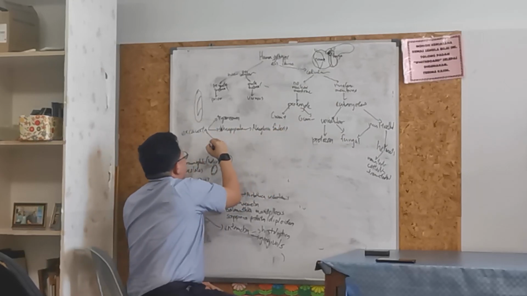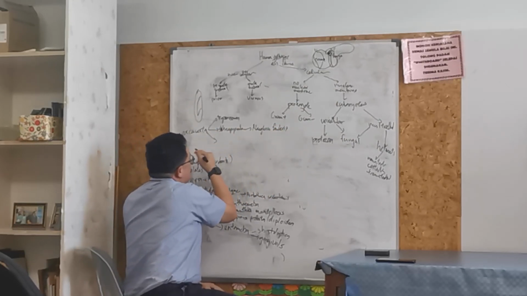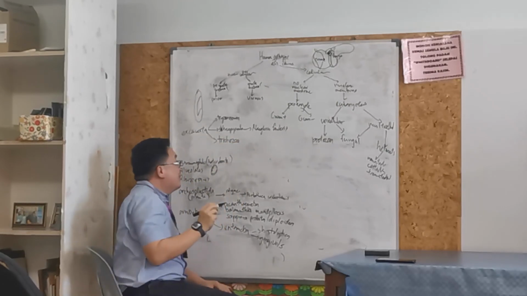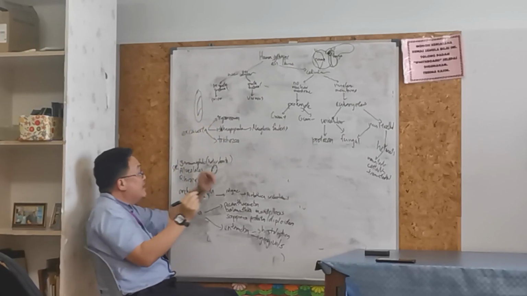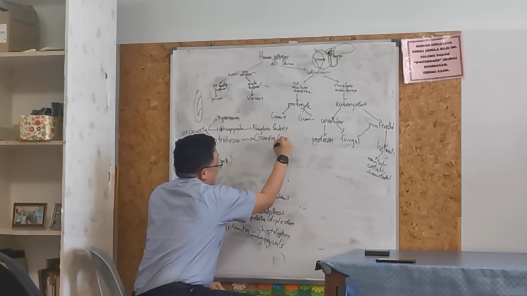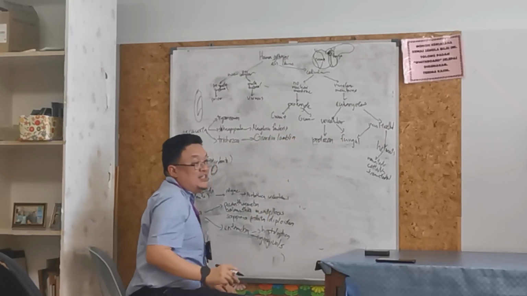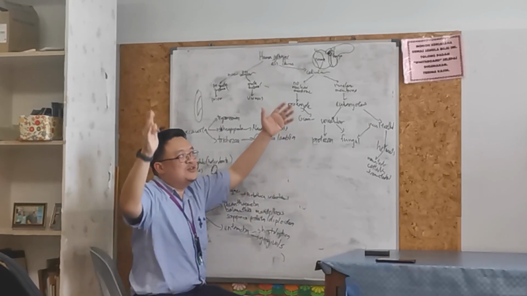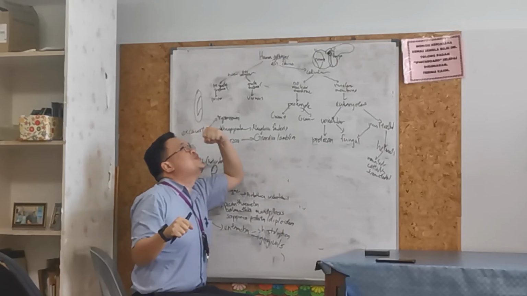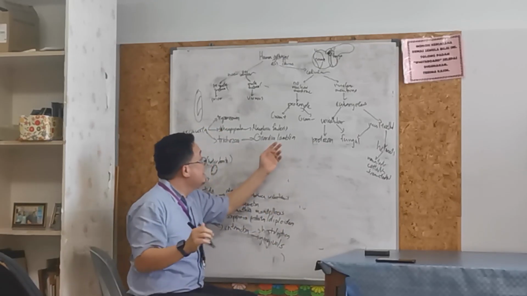Then you have one more: the Trichozoa. Tricho means hair, zoa means animal, hairy animals. What are they? Giardia lamblia. You go to the Grand Tetons in the US, take the water, glug glug glug, and then get very bad diarrhea.